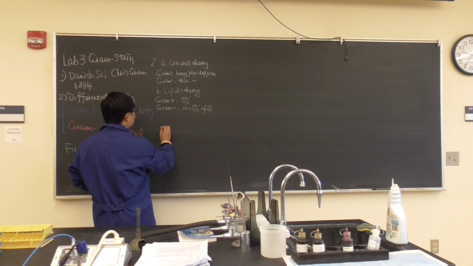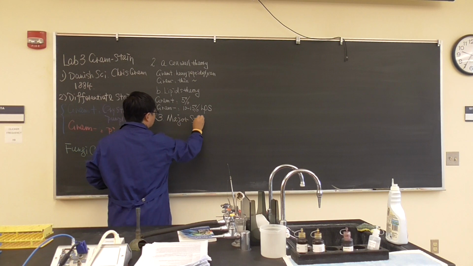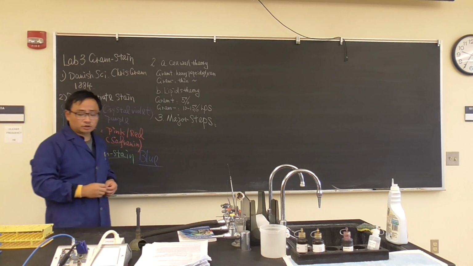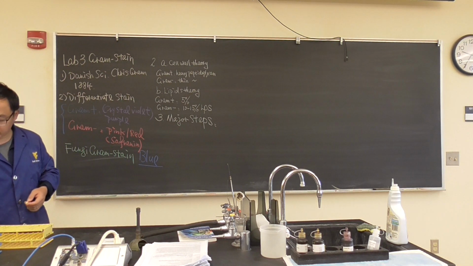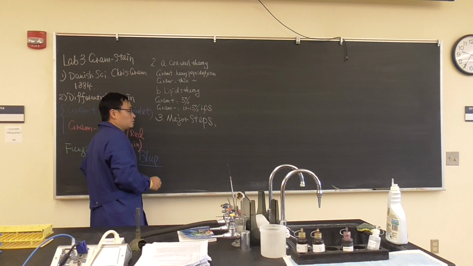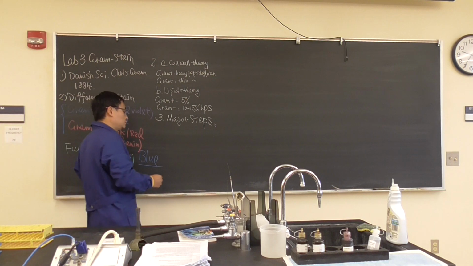So we're going to move on to the major procedure of gram stain. The major steps. And you should remember this, it will absolutely be in the exam. So you should remember them very clearly. Okay, what are the major steps? Of course you have to do air dry, heat fixing, the smear preparation. So that, we skip.